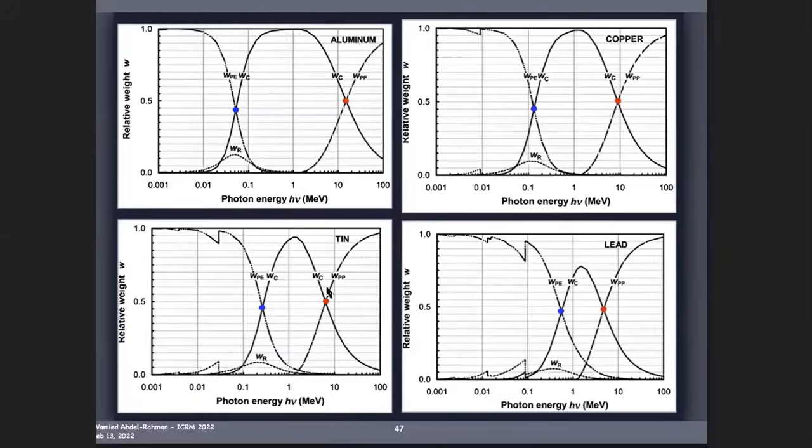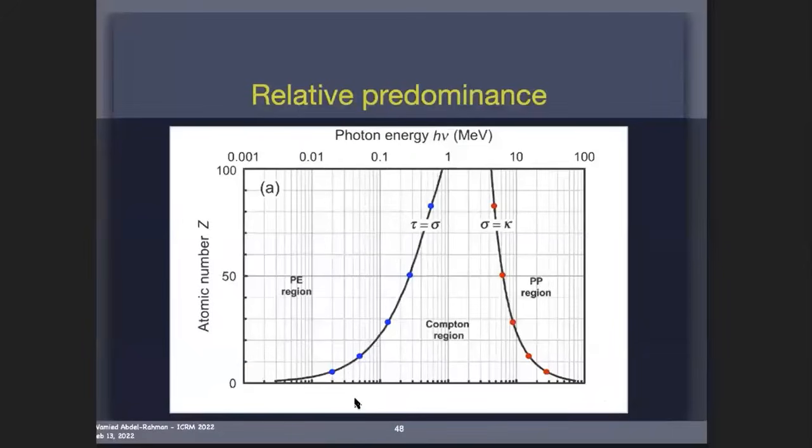This line basically plots the atomic number Z versus photon energy where the photoelectric and Compton cross sections are equal to one another, whereas this line here shows when Compton and pair production are equal to one another.